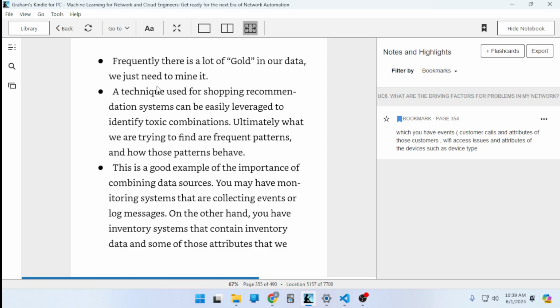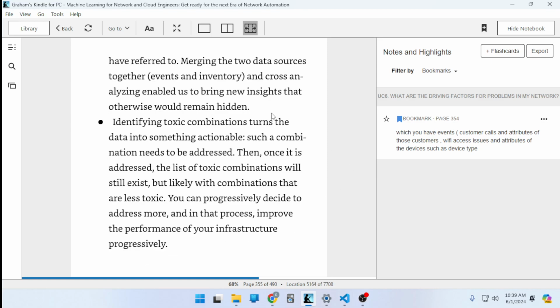This is a good example of the importance of combining data sources. You may have monitoring systems that are collecting events or log messages. On the other hand, you have inventory systems that contain inventory data and some of those attributes that we have referred to. Merging the two data sources together, events and inventory, and cross-analyzing enabled us to bring new insights that otherwise would remain hidden.